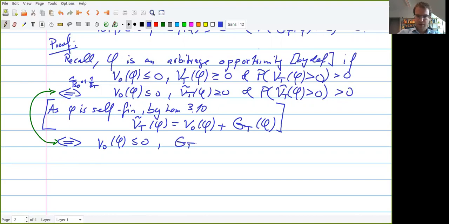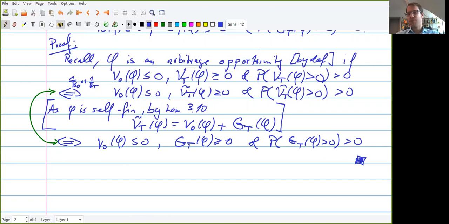Well, we started with initial capital non-positive. And finally, with a positive probability, we end up positive.